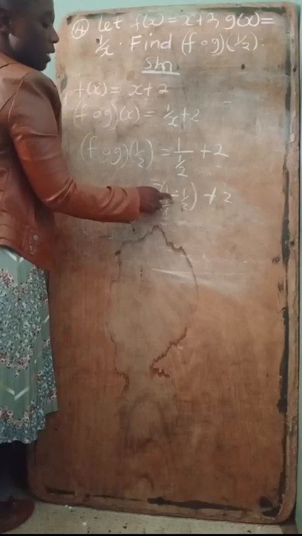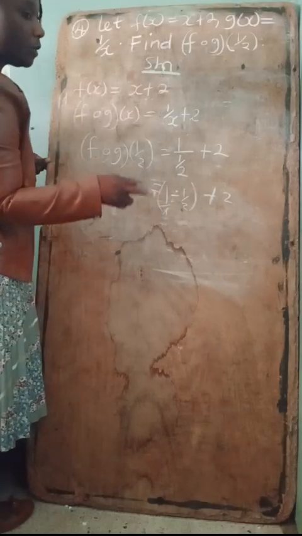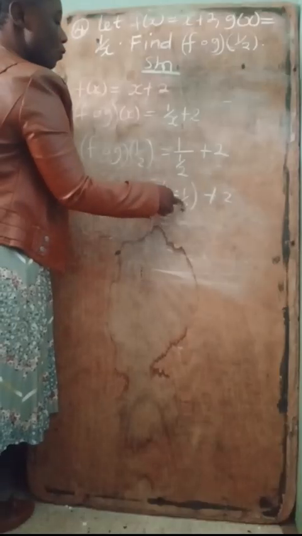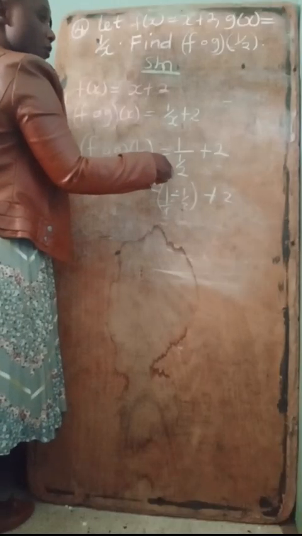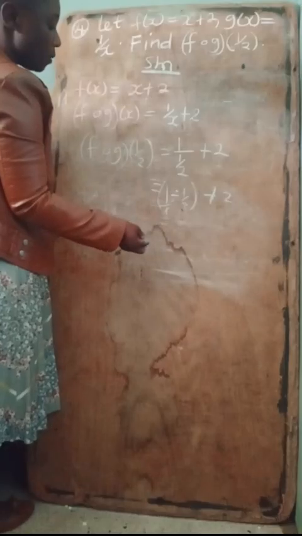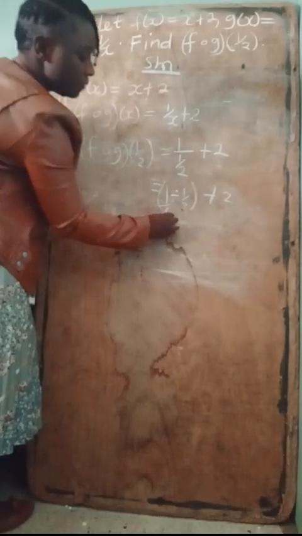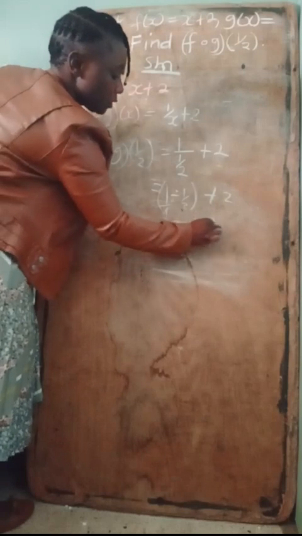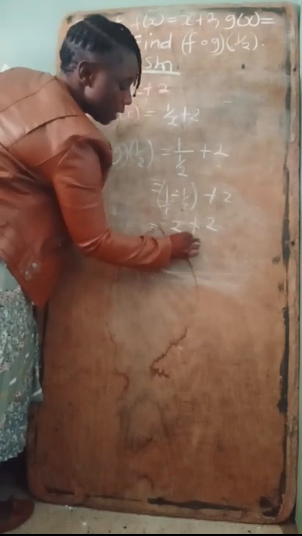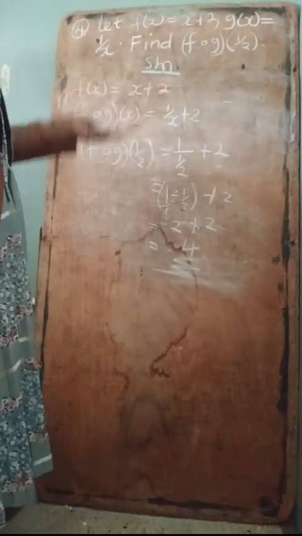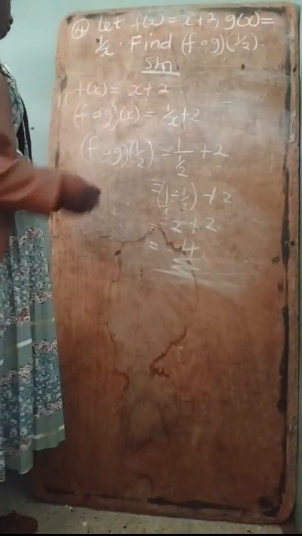When you change the sign from division to multiplication, the numerator becomes the denominator and the denominator becomes the numerator. So here we are going to have just a 2 plus 2. So finally, our answer will be just a 4. So this is how we solve such a question.